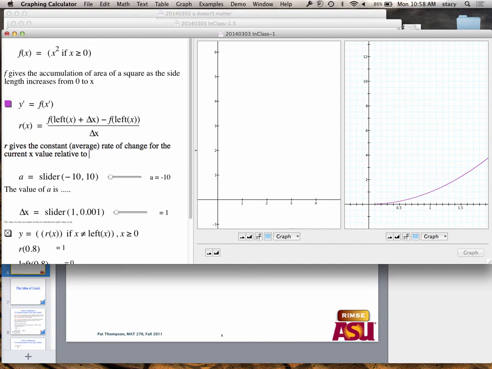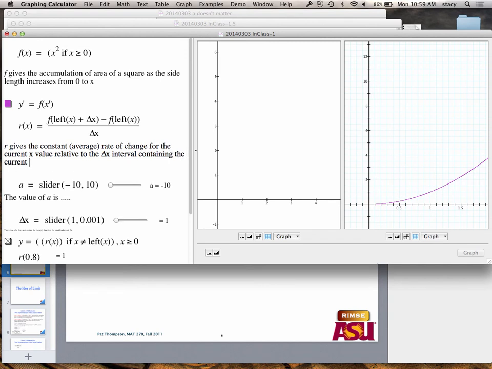We're computing a rate of change for the current value of x. What piece haven't I talked about yet? The interval, right? Relative to the... so how about this? Relative to the delta x interval containing the current value of x. Okay? So that's what we've managed to define.